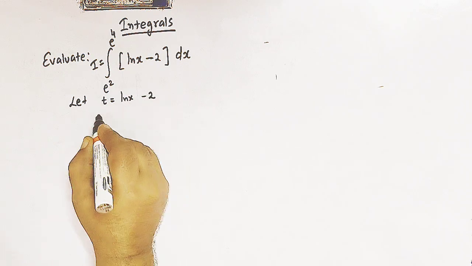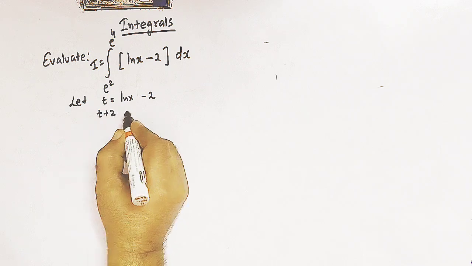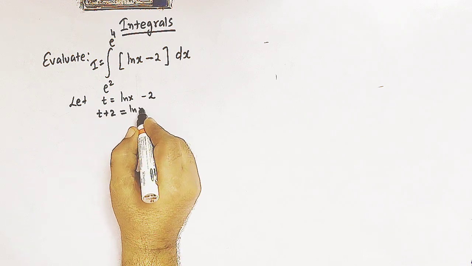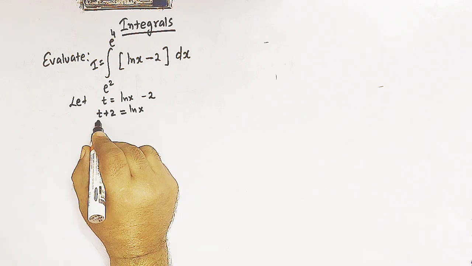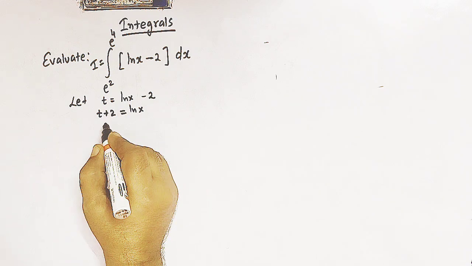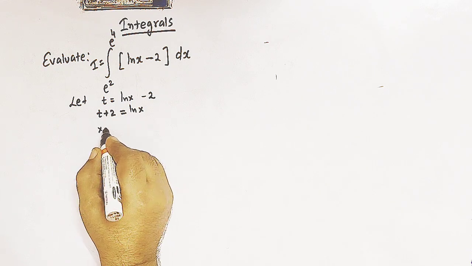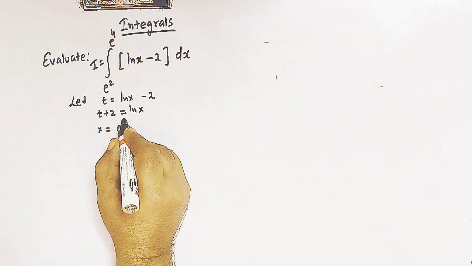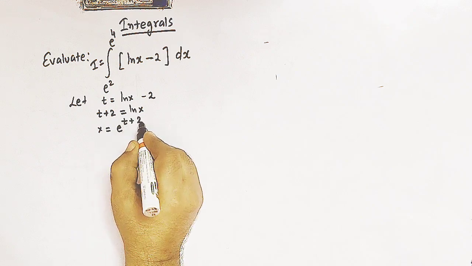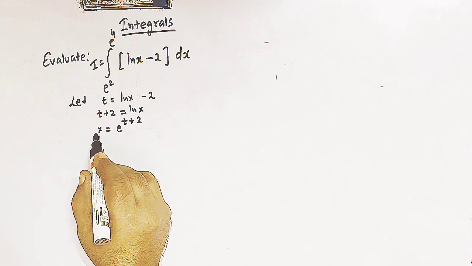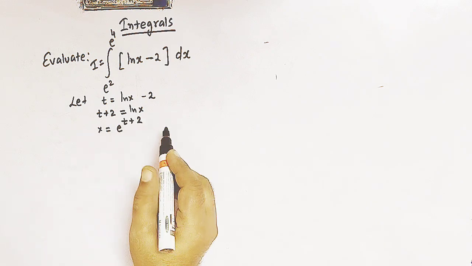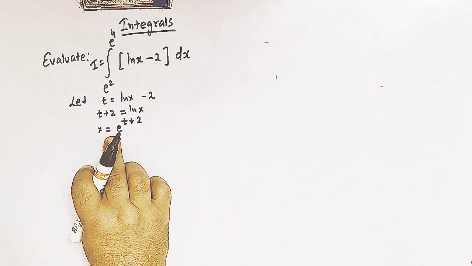So we can now write t plus 2 is equal to natural log of x, and by definition of logarithms, we can write x is equal to e raised to t plus 2, right? So the relation between x and t can be written in this form.